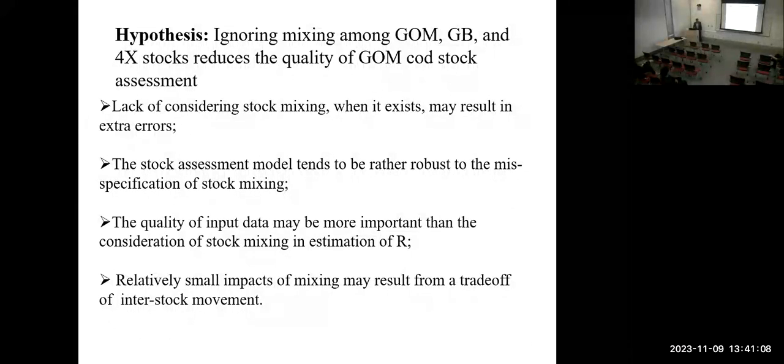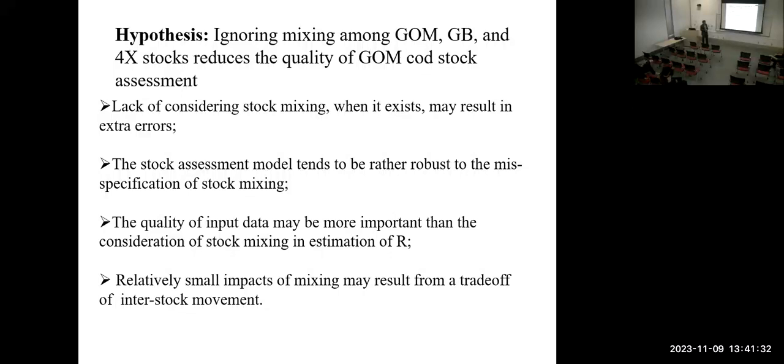So the conclusion here is that yes, if you don't consider stock mixing when it exists, it may result in extra errors for spawning stock biomass, but the assessment model tends to be rather robust to that misspecification. There are errors, but the errors are not that huge.